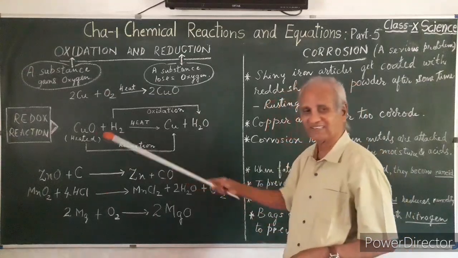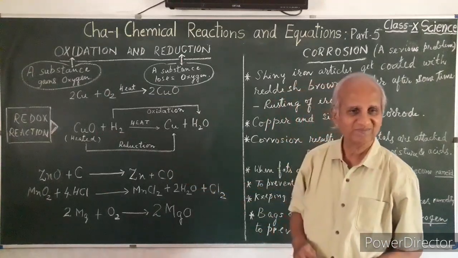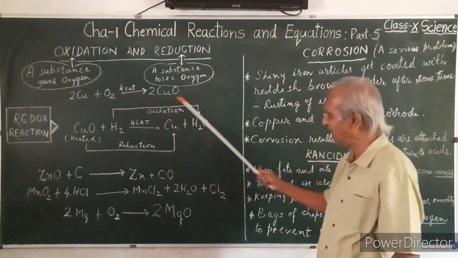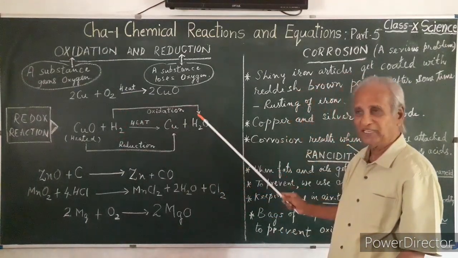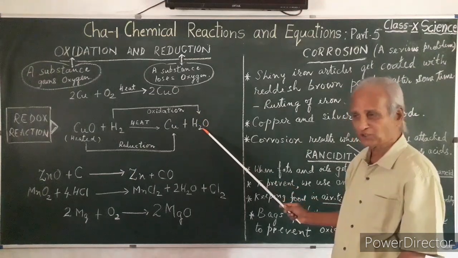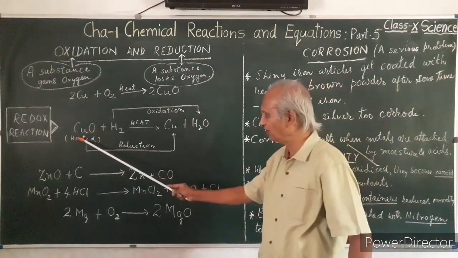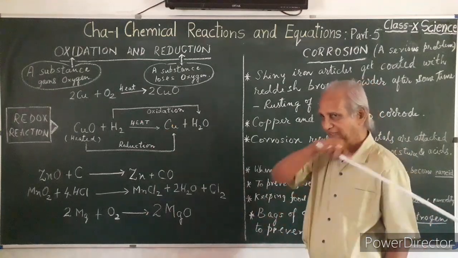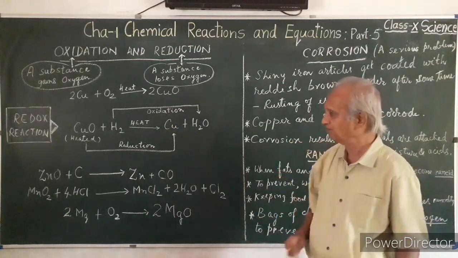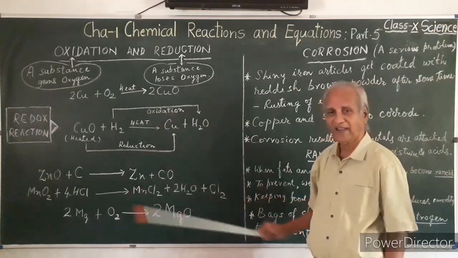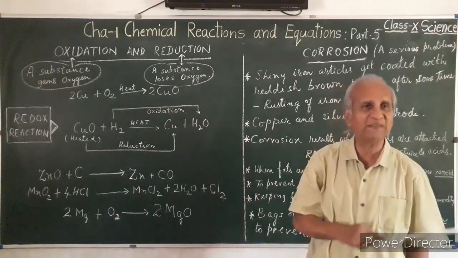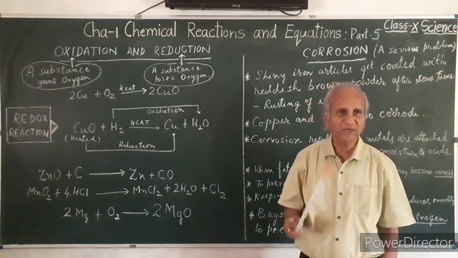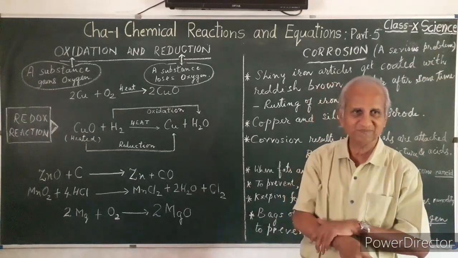It gained oxygen. So we should call it oxidation. So hydrogen got oxidized into water, H2O. Copper oxide got reduced to copper. A beautiful example where you see both oxidation and reduction in the same reaction. Copper oxide loses oxygen, hydrogen gains oxygen.